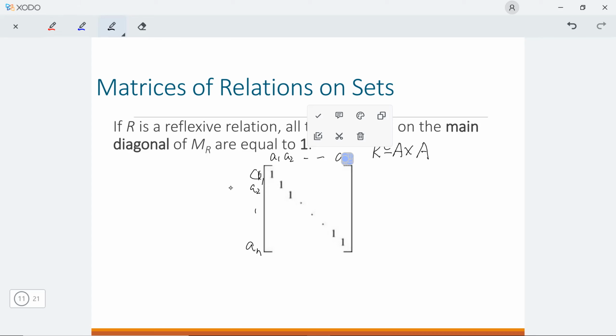That means it satisfies the definition of a reflexive relation. Okay, so that's why you can use this rule to check whether a relation is reflexive or not.